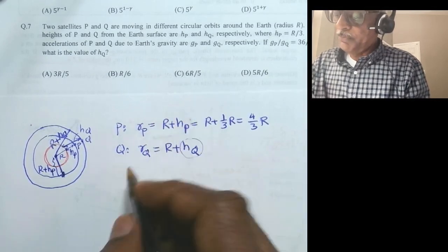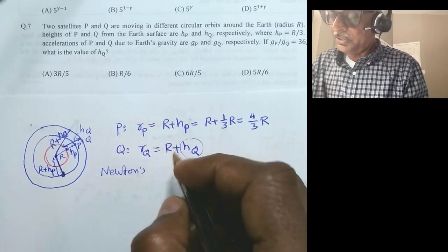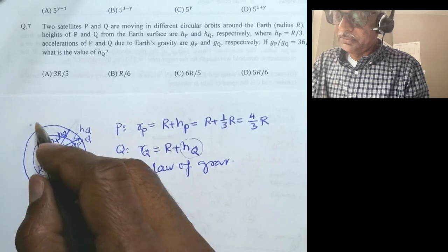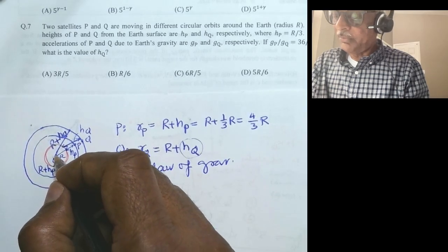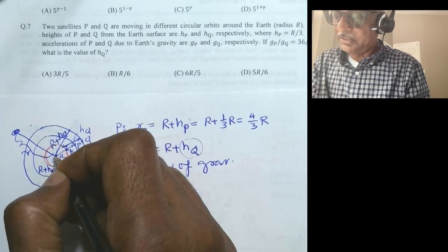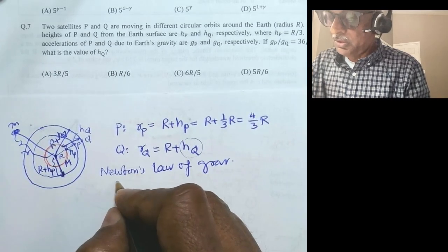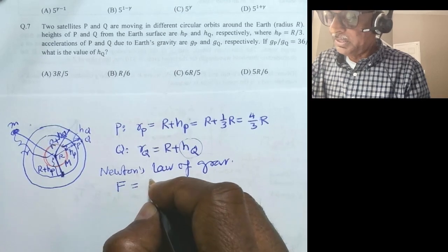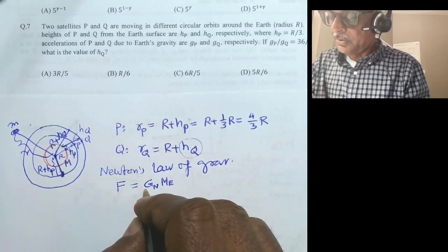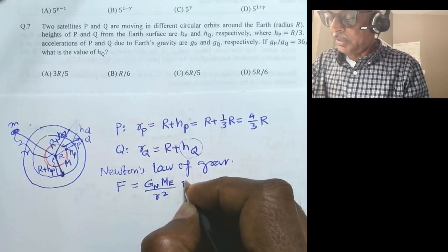Now, if you remember Newton's law of gravitation, for any object at some distance r from the center, with mass m, and this mass is capital M, Newton's force of gravity will be G Newton, mass of the Earth, over r square, times little mass m.